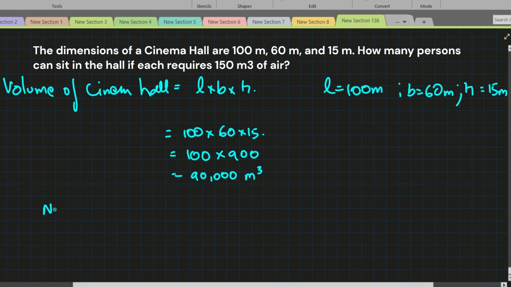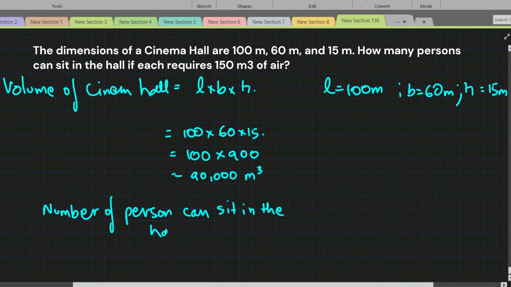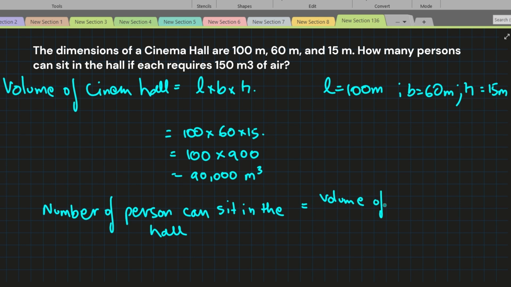So we write number of persons which can sit in the hall is equal to volume of cinema hall upon volume of air.